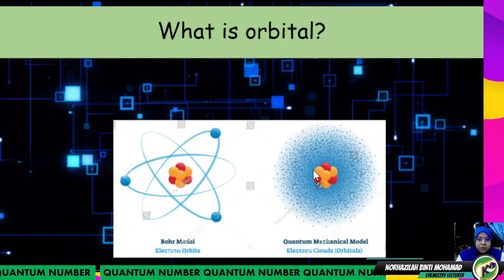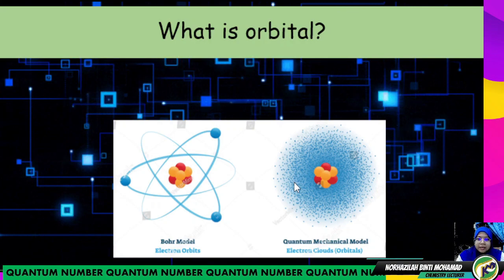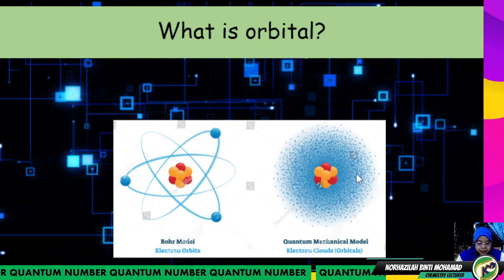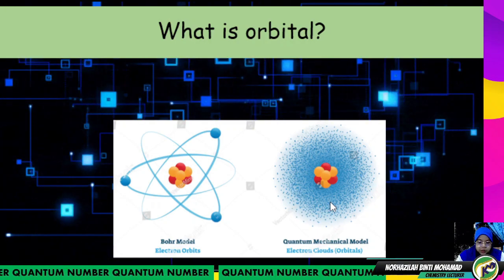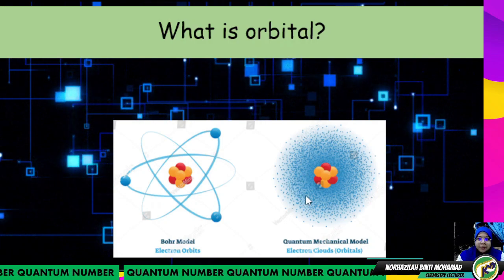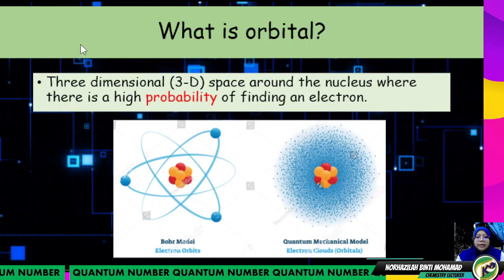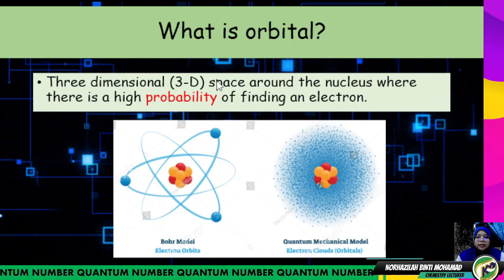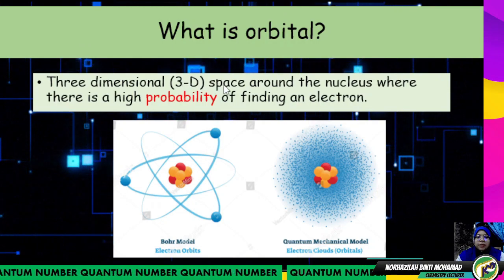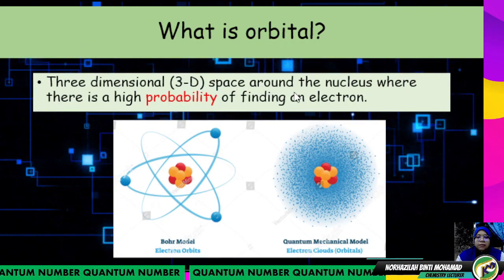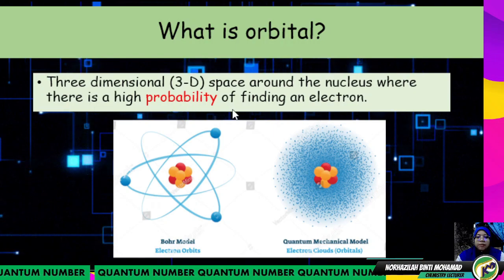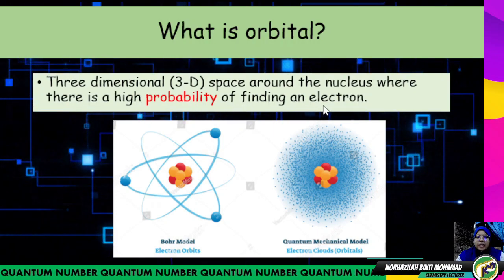The location of electron described in the quantum mechanical model uses the word probability. It means the three-dimensional space around the nucleus where there is a high probability of finding an electron.